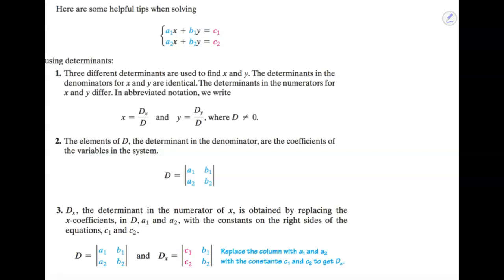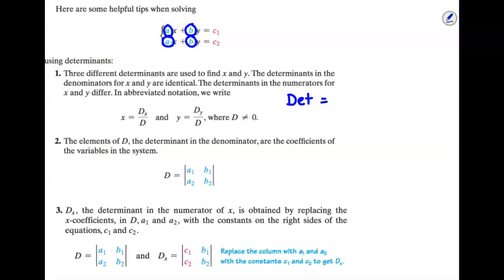Okay? So here is our system. In the blue are your coefficients. They're going to make up your determinant. So when you do step 1, you're going to find the determinant of that blue set of values.